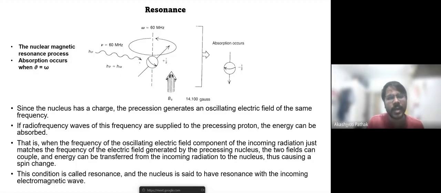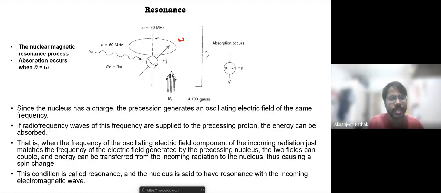It is having a particular Larmor frequency, so it is also associated with a particular energy. When this energy is equal to the energy which is applied, the resonance will take place.